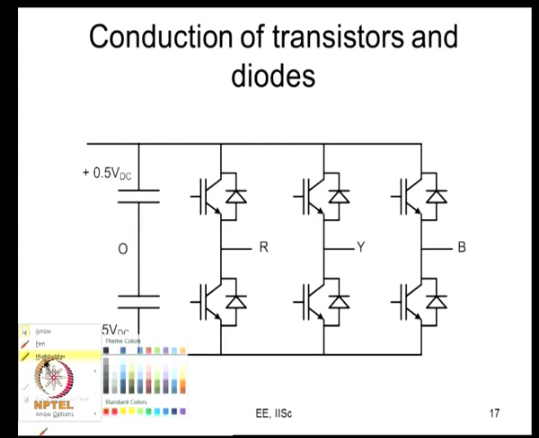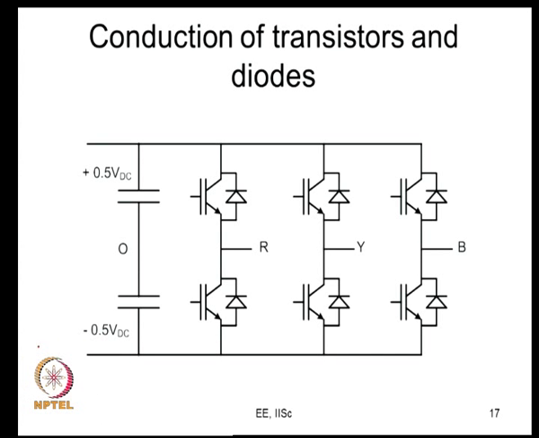So, let us come over here. Let me say this is my IR, this is the positive direction of IR. So, this is where IR is greater than 0, this is the direction. If IR is in this direction, then who will conduct? The top transistor will conduct if its gating signal is high.